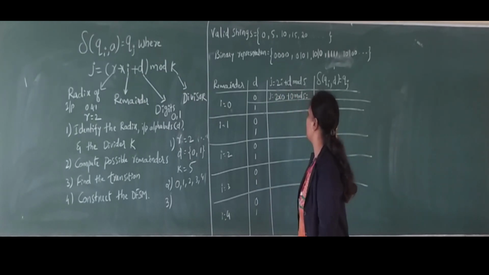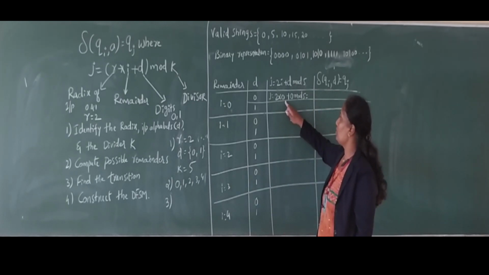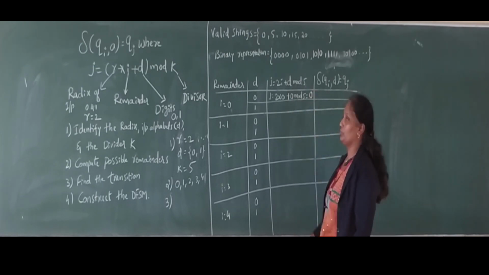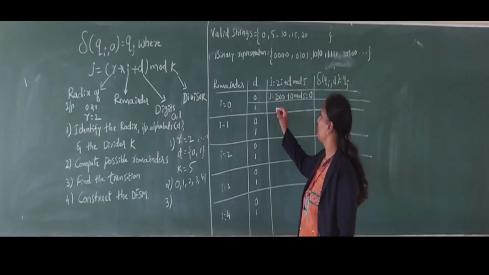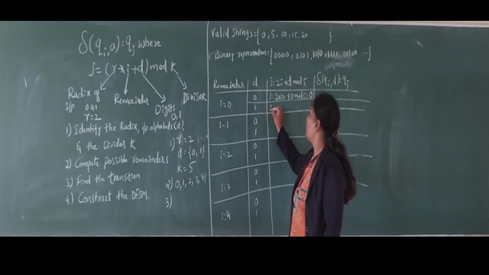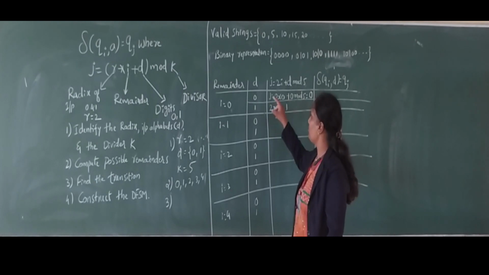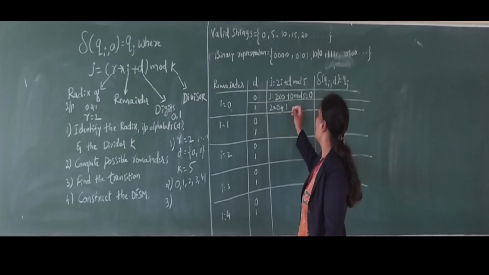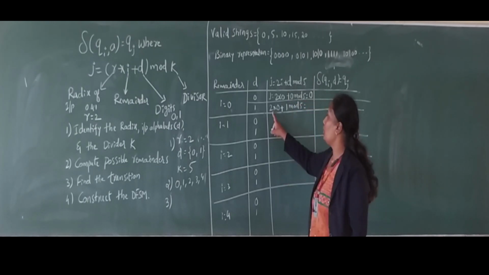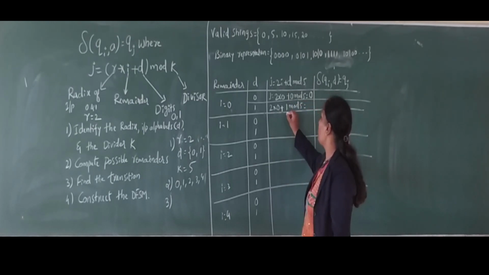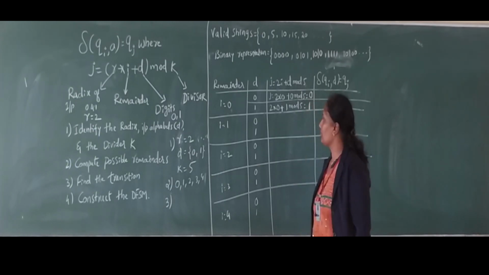What do I get? 2 into 0 is 0, 0 plus 0 is 0 only, 0 mod 5 equal to 0. Next, 2 into I equal to 0 plus 1, because the digit value is 1 here, 1 mod 5. 2 into 0 becomes 0, and 1 mod 5 is 1.